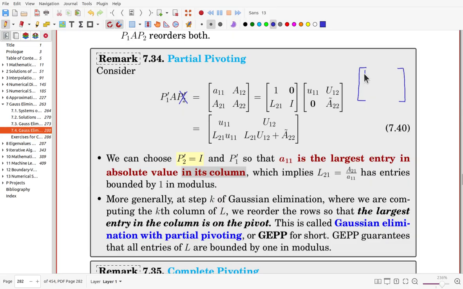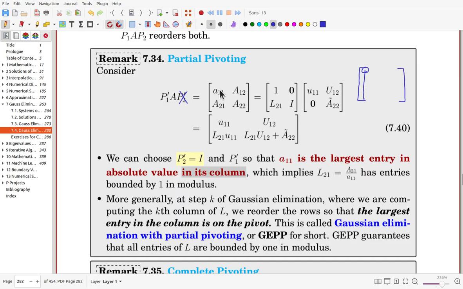From the first column, in the beginning, this is a pivot. Among these entries, we try to take the largest entry in modulus so that the row is moved to the top. So a row interchange is made such that A11 is the largest entry in absolute value. Of course, along the column, it is searched.